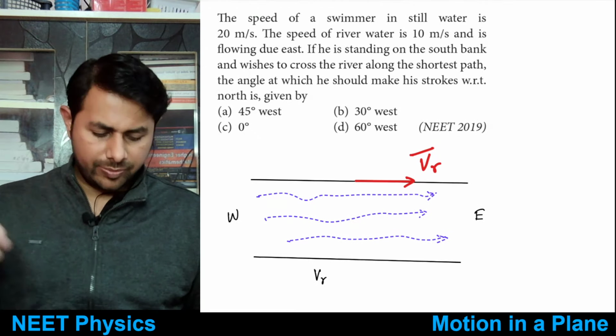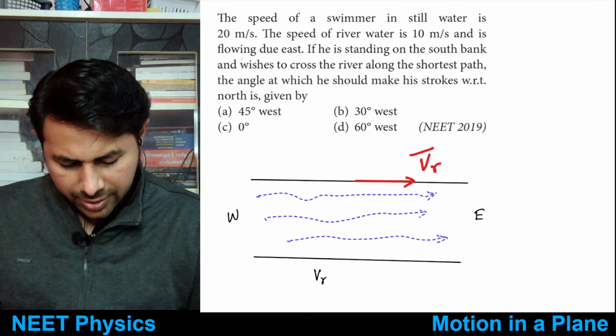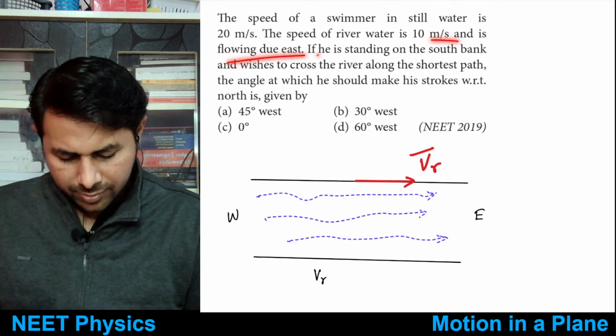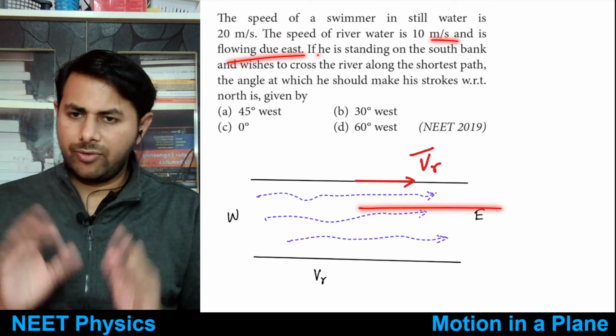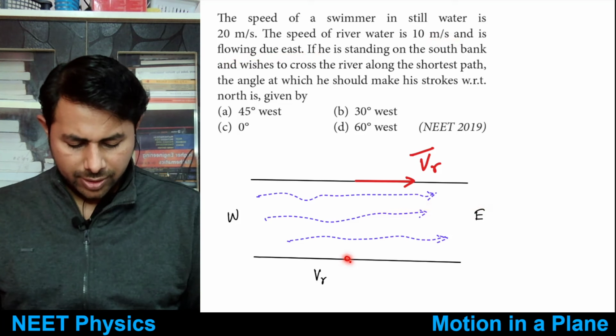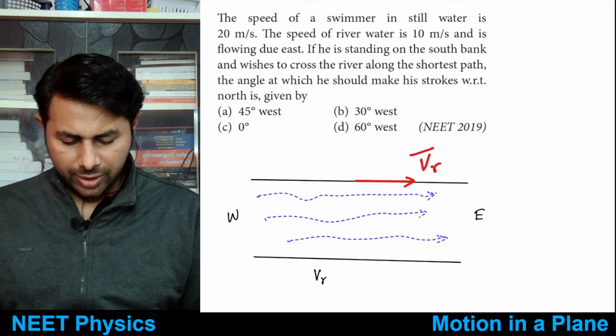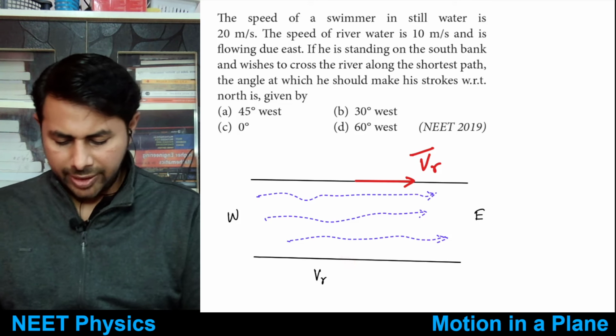The velocity of river is west to east, right? Flowing due east. So velocity of river is west to east and man wants to move from the south to north along the shortest path. Tell me what should be the angle?